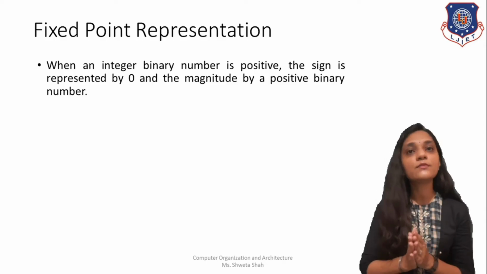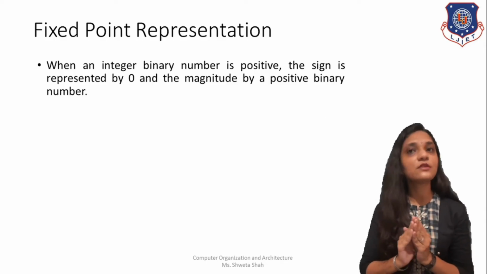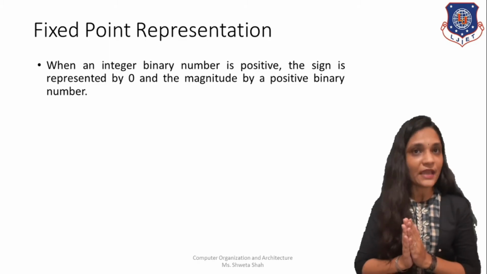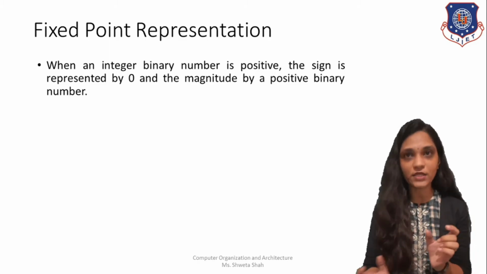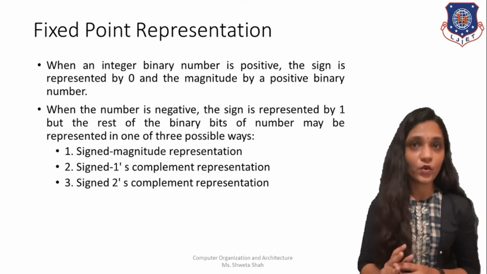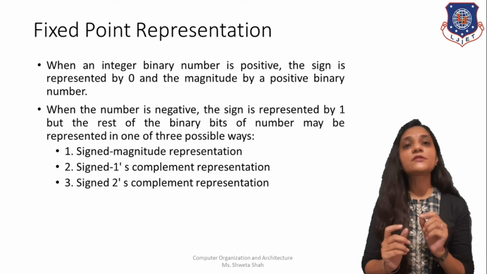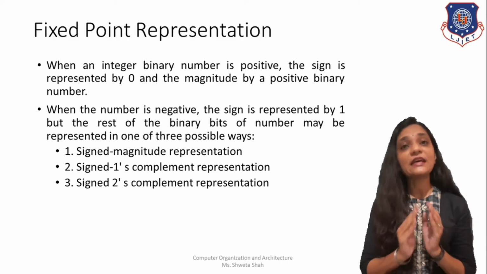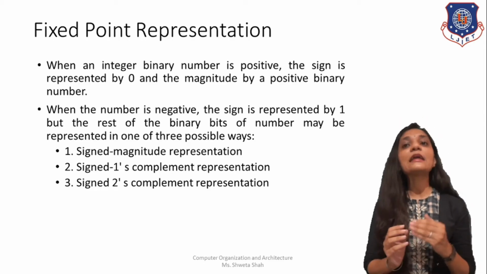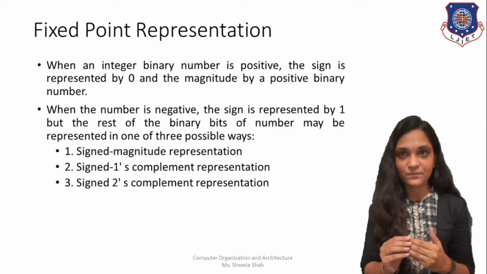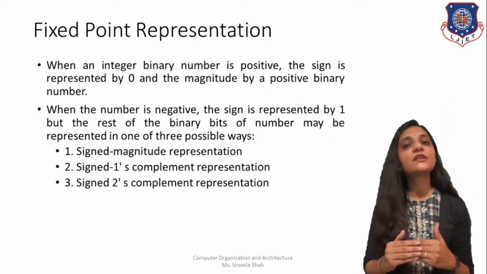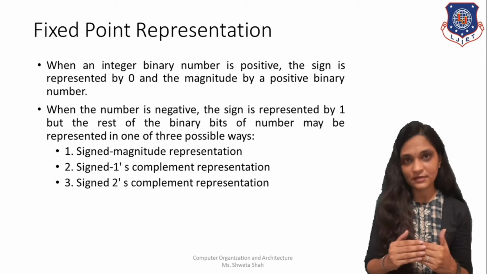When your number is positive, the sign bit is represented by 0 and the magnitude by its positive binary number, or you can say its quantity. But when your number is negative, you have to represent the sign bit by 1, but the rest of the bits, or you can say its magnitude, you can represent by any of three methods: sign magnitude representation, sign 1's complement representation, or sign 2's complement representation.